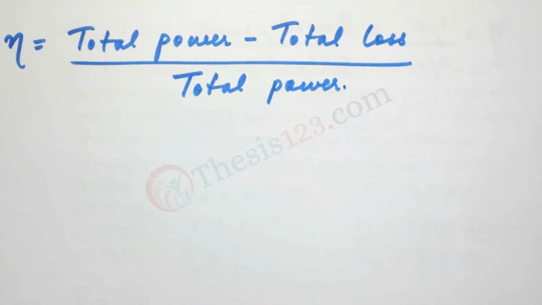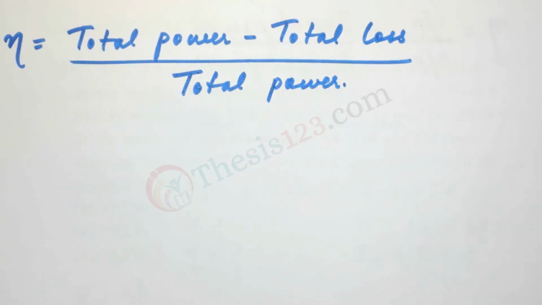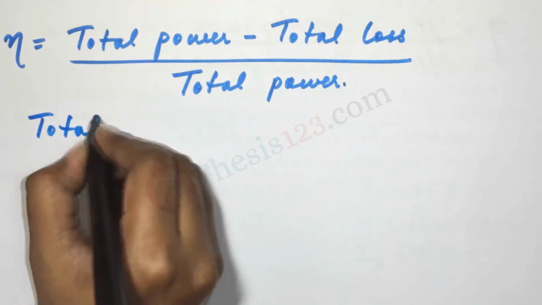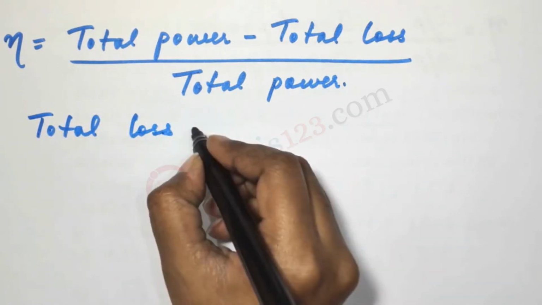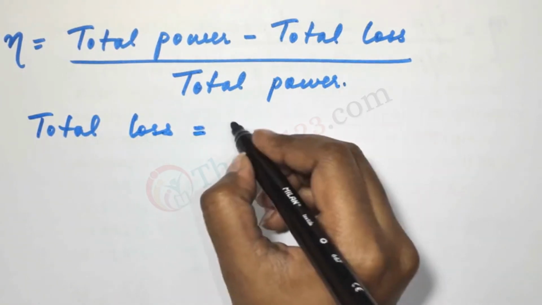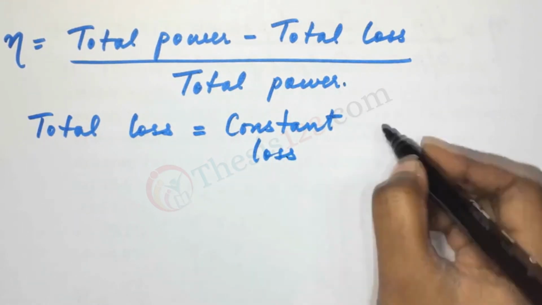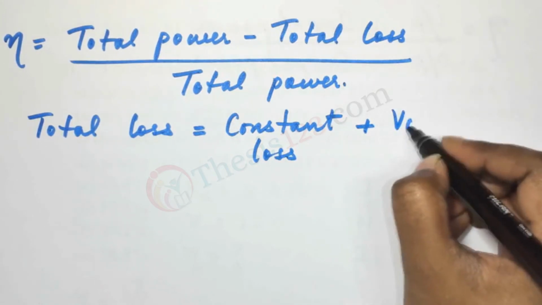Now let's calculate each one. We'll start with total loss. Here total loss can be written as constant loss plus variable loss.